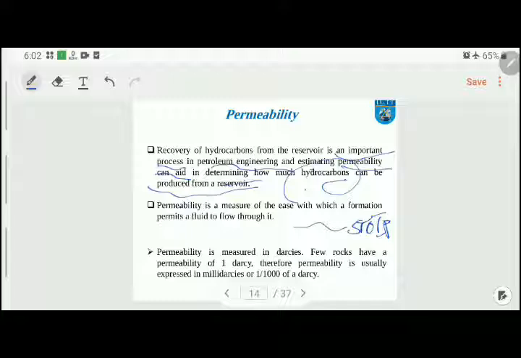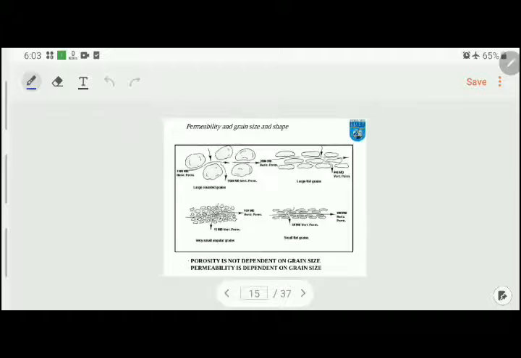So the permeability is a measure of the ability of the rock to transmit those fluids, and it can be measured by a unit called Darcy. 1 Darcy is 1000 milli Darcy.